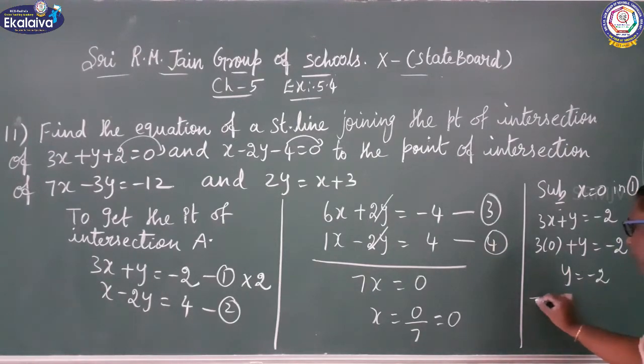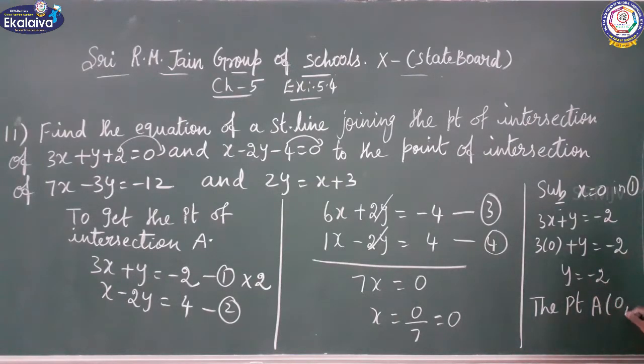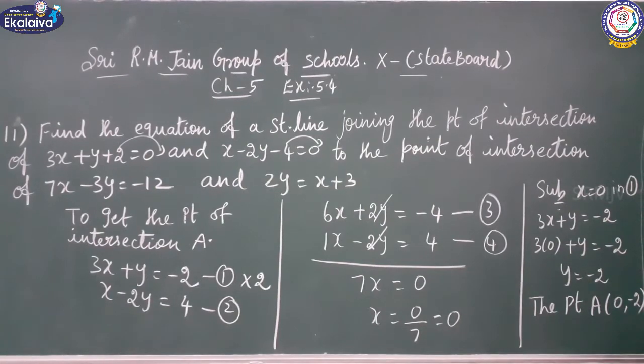So the point of intersection, the point A, is (0, minus 2).